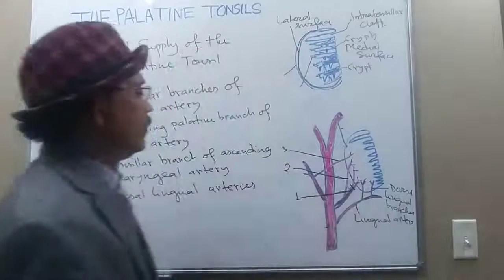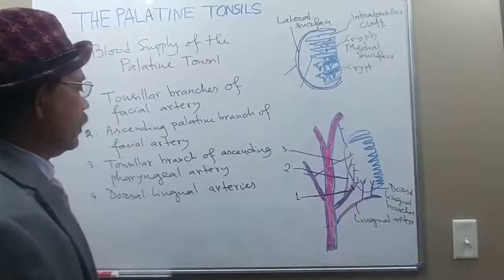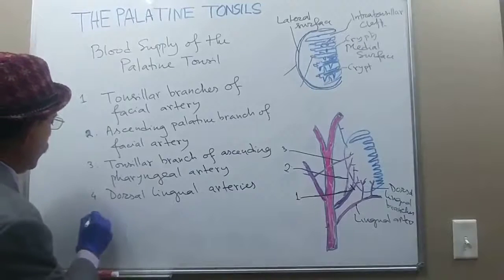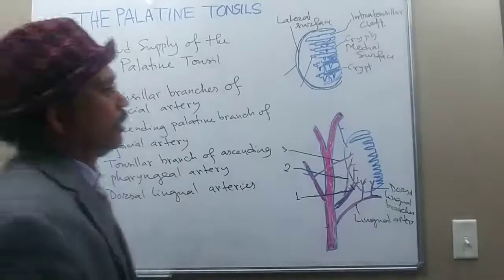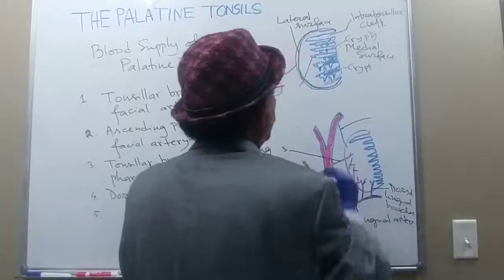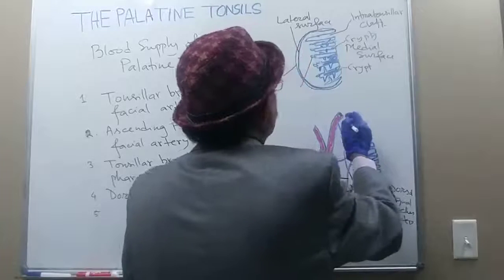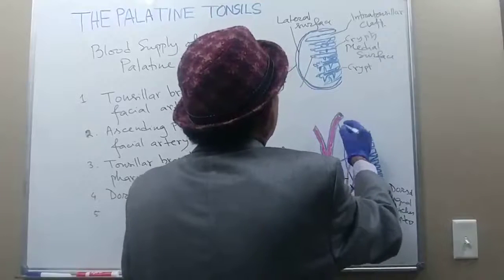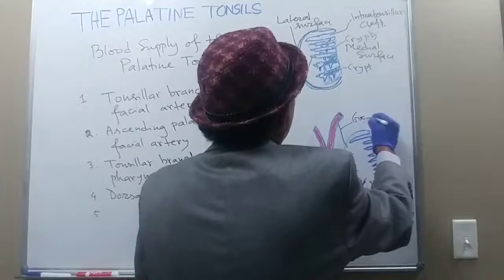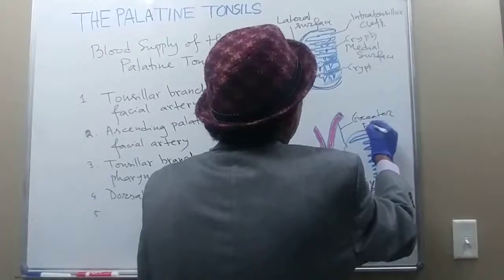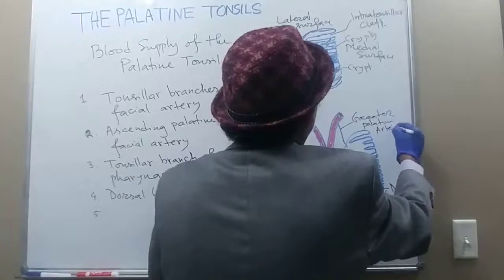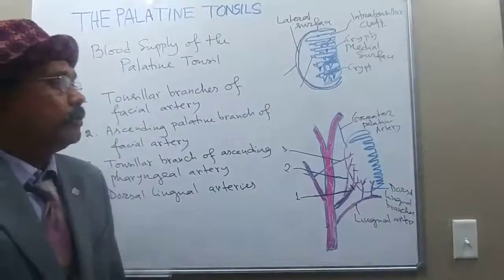So we got the dorsal lingual arteries that provide blood supply to the tonsil, and certainly we get the greater palatine artery, a branch of the maxillary artery, which also provides blood supply to the tonsil.